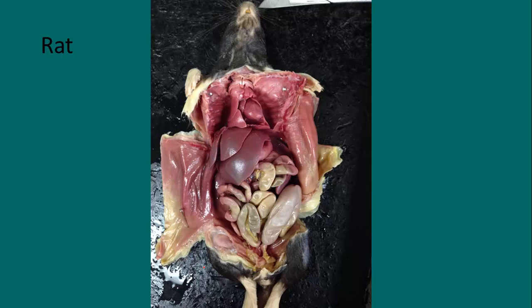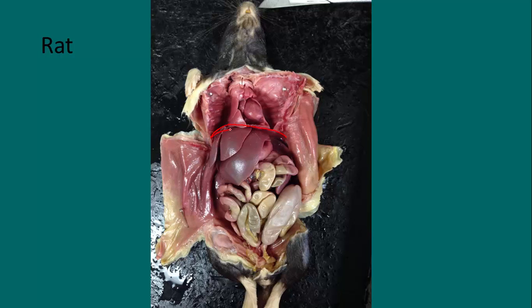Okay, so this is showing you the rat's internal organs. In the rat, there is a thoracic cavity, the thorax, which is the chest region. That thoracic cavity is separated from the abdominal cavity, which is where you find the digestive organs, by this structure called the diaphragm.